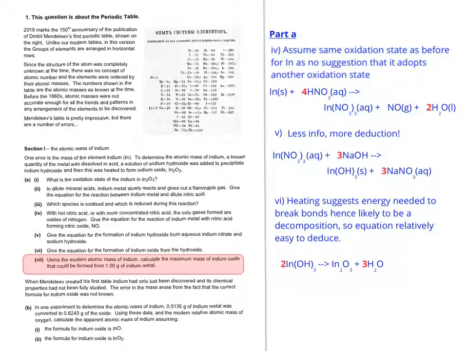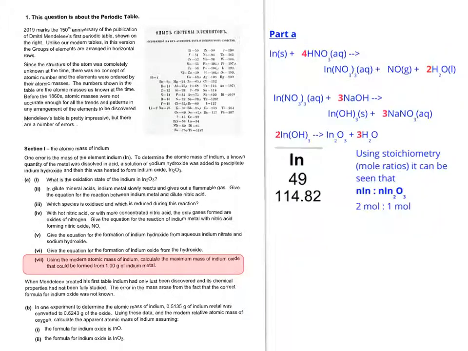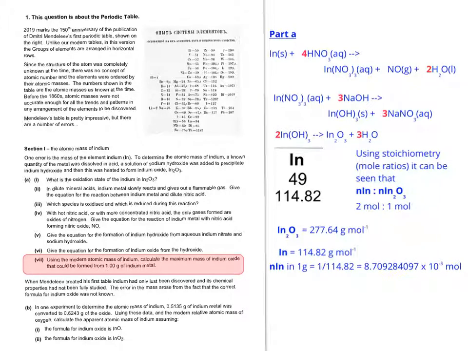So looking at the equations, you can see that you can use mole ratios, and the mole ratio of indium to indium oxide is 2 to 1. So the molar mass of indium oxide is 277.64 grams per mole. So not forgetting the molar mass of the indium itself, we can now work out that the moles of indium in 1 gram is moles equals mass over Mr, obviously.